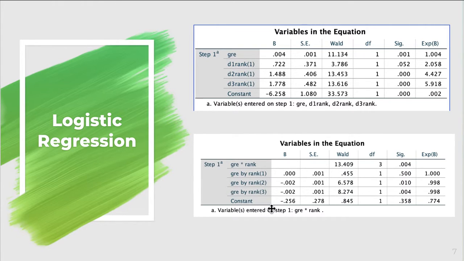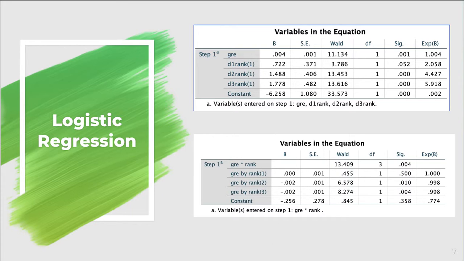So for every point increase, the odds of being admitted increased 27.8%, which would be here. Then for D2, 1 and 2 were 0, 3 was 1, and 4 was 0. For every point increase in scoring, the odds of being admitted increased by 1.488, which is here.